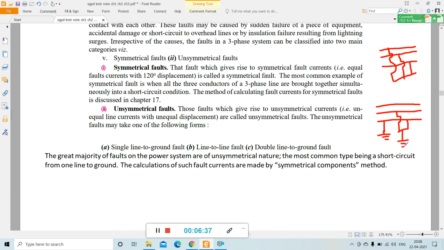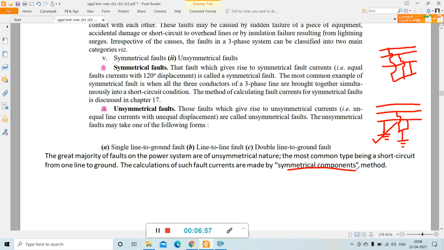The most common type of short circuit which happens is the line to ground fault. This is the most common type of fault which always occurs in the system. The calculation of such fault currents is made by the symmetrical component method.